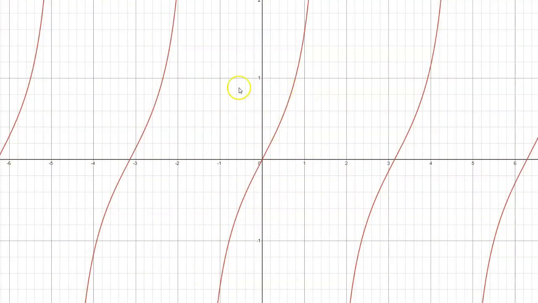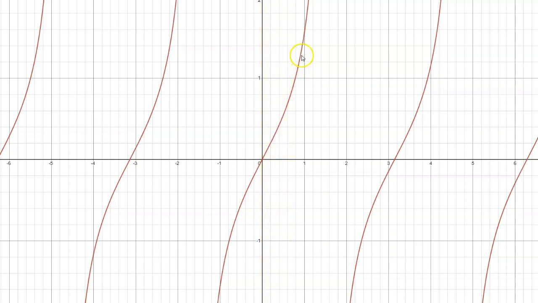So as you can see, here's the graph of our trig function, our sine divided by our cosine. Recall that as we were moving around the unit circle, we had a slope that approached 1 halfway between our 0 and our pi over 2, so 45 degrees.